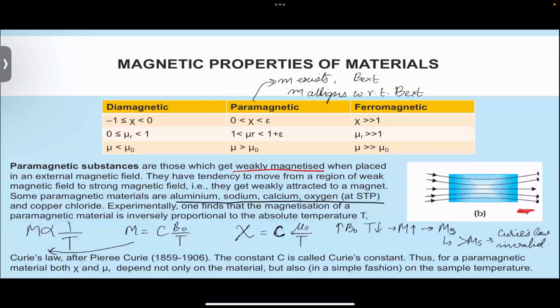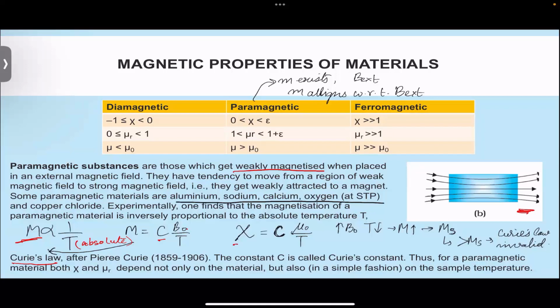And this temperature dependency can be explained by something called Curie's law, where your magnetization is inversely proportional to the temperature. This T is the absolute temperature, and you can write it as M = C B0 / T. B0 is your external field that is being applied, and C is your Curie's constant.